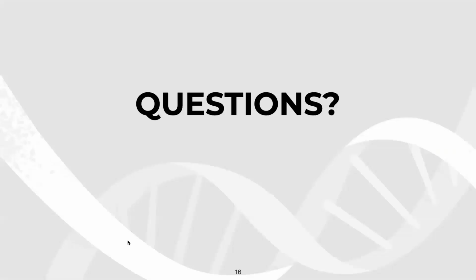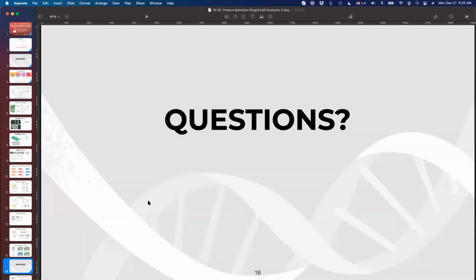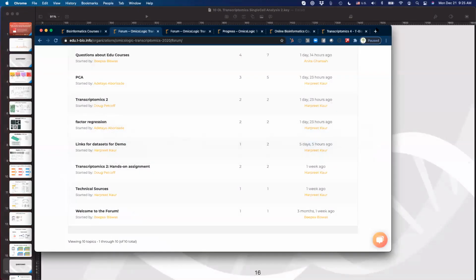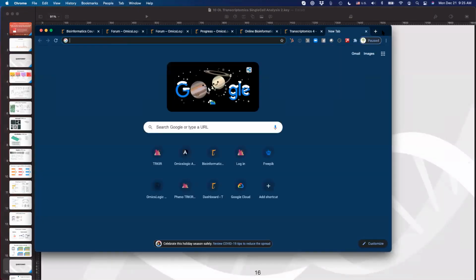Okay, so again, a major part of this is understanding what are the challenges that are being solved and how can they be solved using different types of computational methods. So let's take a look really quickly at what types of data we can find for single-cell RNA-seq on NCBI. So please go with me to NCBI.